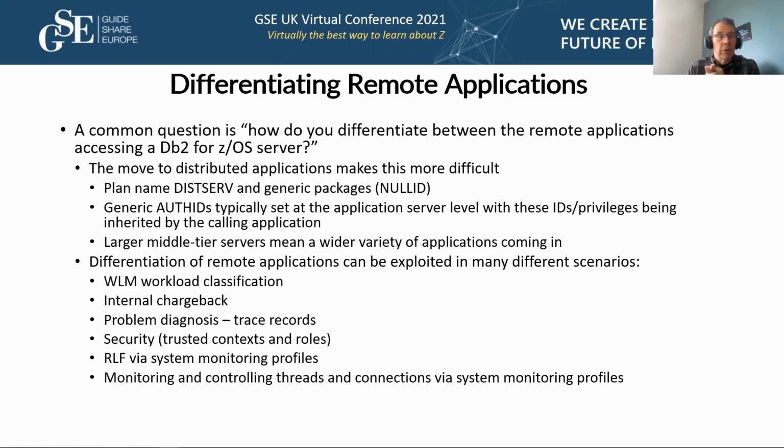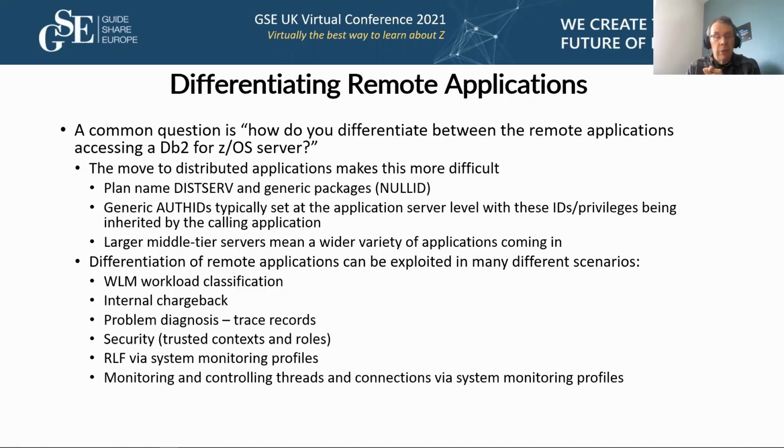And this really applies, as we'll see, when you're using the client information fields. But you can use that information for WLM workload classification, which is a very significant benefit. You can use it for internal chargeback. You can use it for problem diagnosis, because that information is contained in trace records. You can use it for security, if you're exploiting trusted contexts and roles.